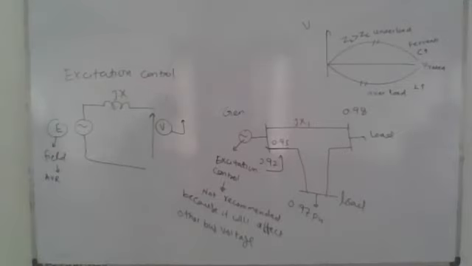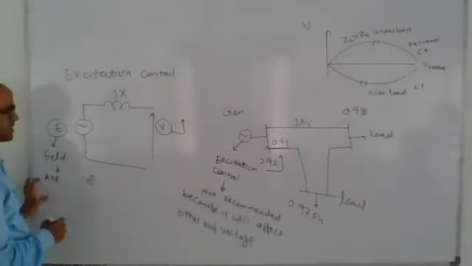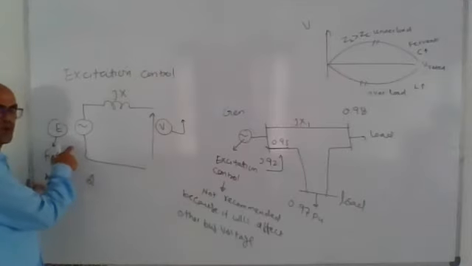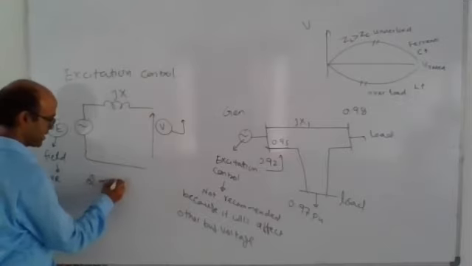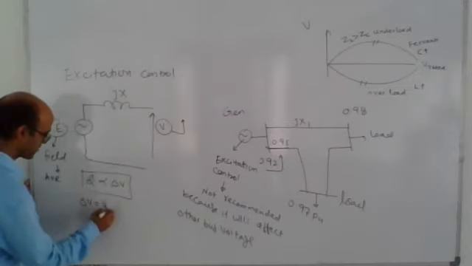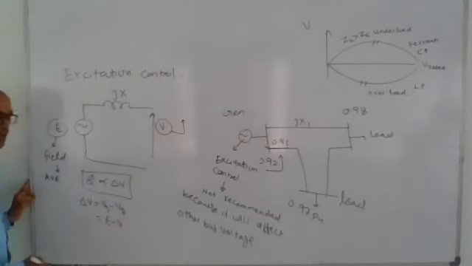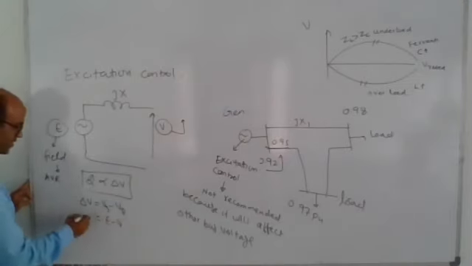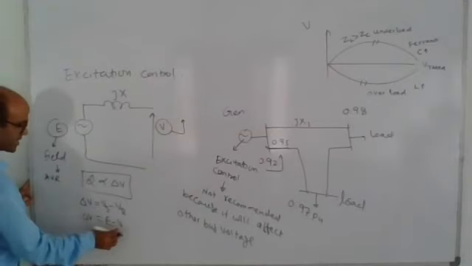So you can see, if we are going for this voltage control, then Q is directly proportional to the injected Q. You know, excitation is what? Field requires reactive power. So this is proportional to delta V, and delta V is Vs minus Vr, or we can say E minus V. If you are changing E, you can't change this voltage, but you can change E, and automatically this difference will change.